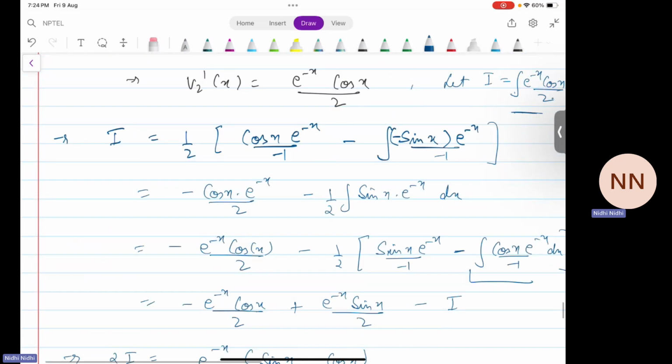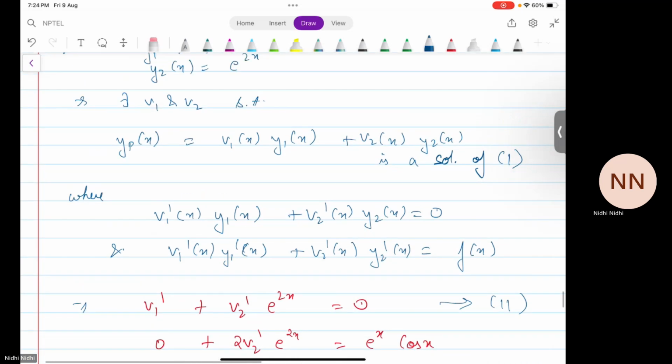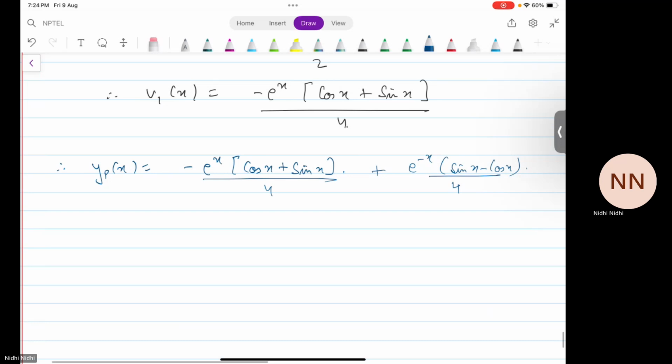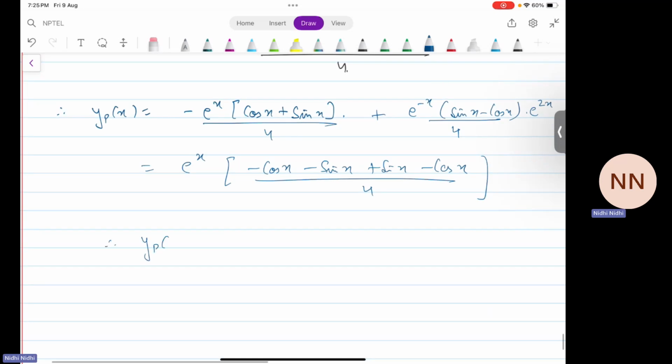What was our y2? y2 was e power 2x. So we are left with e power x minus cos x minus sin x plus sin x minus cos x by 4, which gives us ypx is equal to, this gets cancelled out, minus 2 e power x cos x by 4, or simply minus e power x cos x by 2.